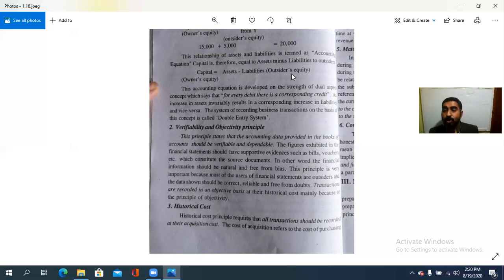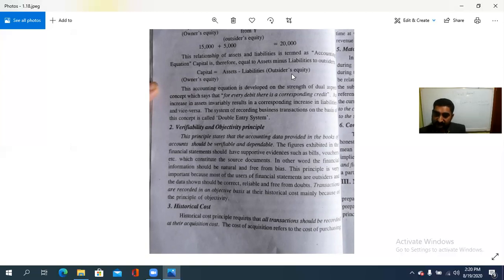And also it should be verifiable. The figures exhibited in the financial statement should have supportive evidences such as the bills, vouchers, etc. that constitutes the source document. In other words, the financial information should be natural and free from bias also.